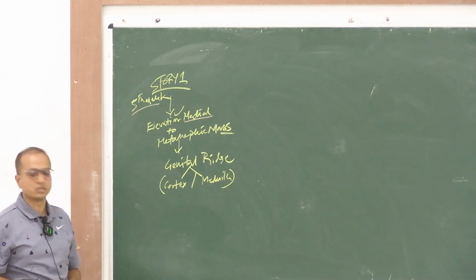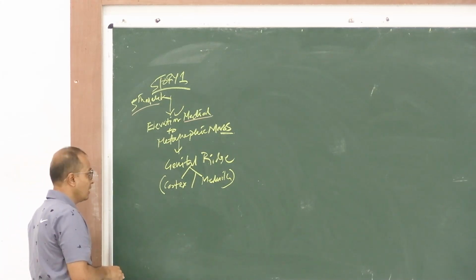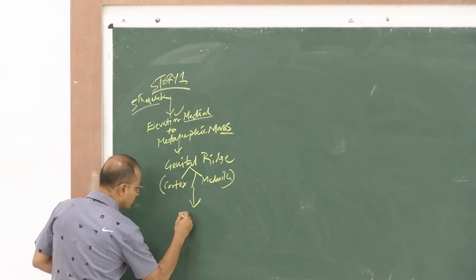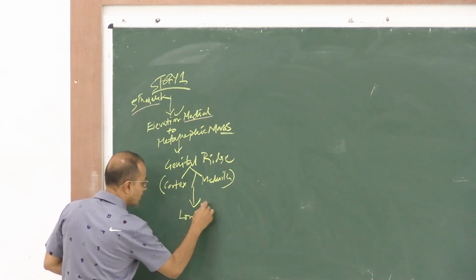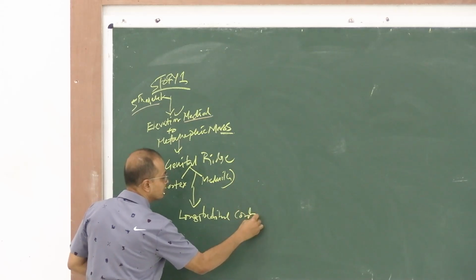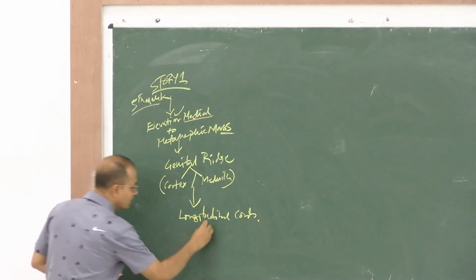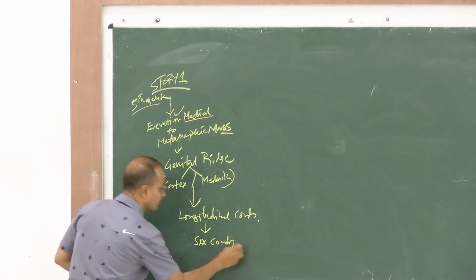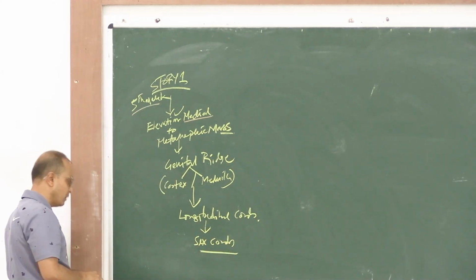We call them cords. So, we have a development of some longitudinal cords. We call these cords sex cords, which develop into this genital ridge.